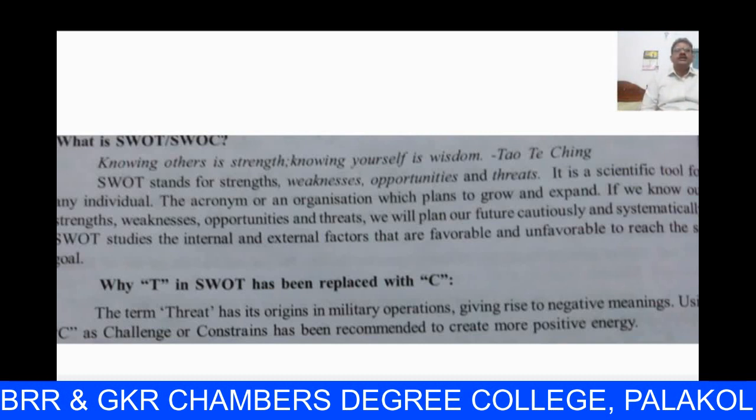What is SWOT and what is SWOC? SWOT stands for strengths, weaknesses, opportunities, and threats.